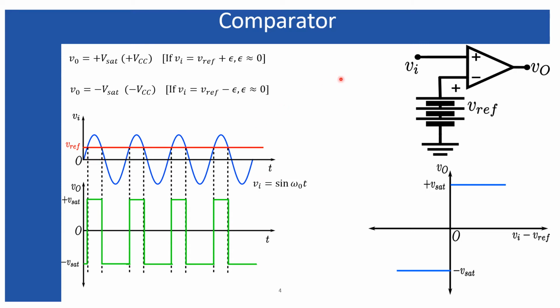Now, since the input voltage is applied to its non-inverting terminal, when the input voltage is less than the reference voltage, you can see from here, until the input voltage reaches this particular point, the input voltage remains less than the reference voltage, and the potential of the inverting terminal becomes higher than its non-inverting terminal, then your output will switch to minus Vset, and it remains there until the input voltage crosses the reference voltage.